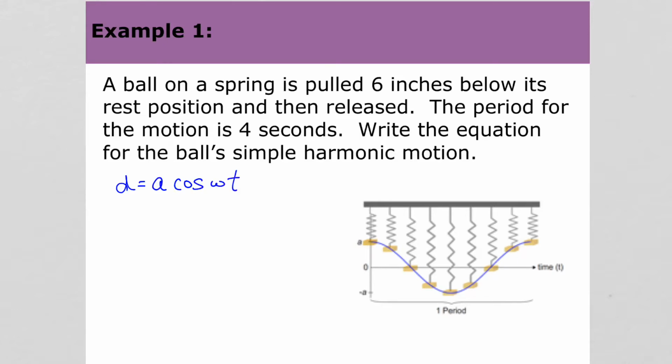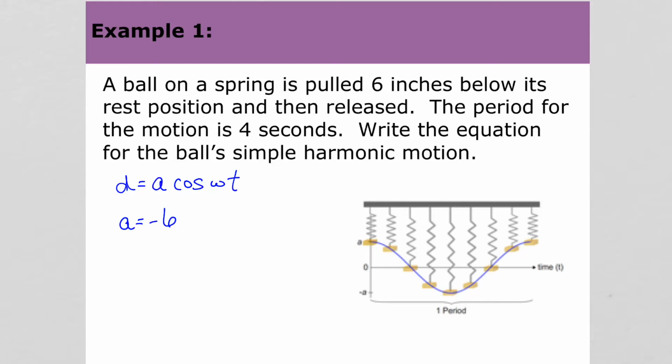The other thing that means is that our amplitude, since it's being pulled down 6 inches, A will be -6. Of course, the amplitude is 6, but A is -6 because it's being pulled down. So far we've got A, we just need omega.